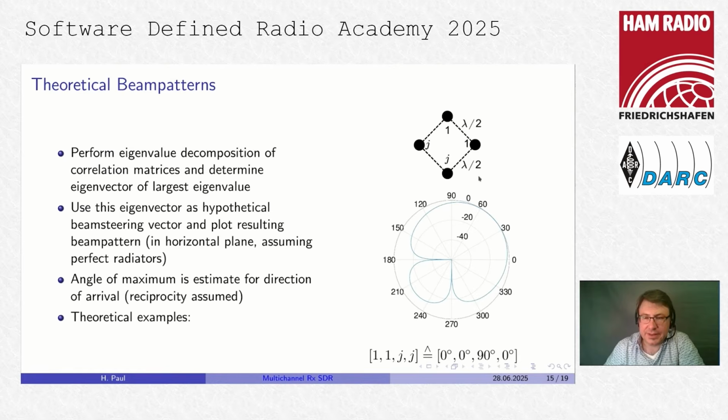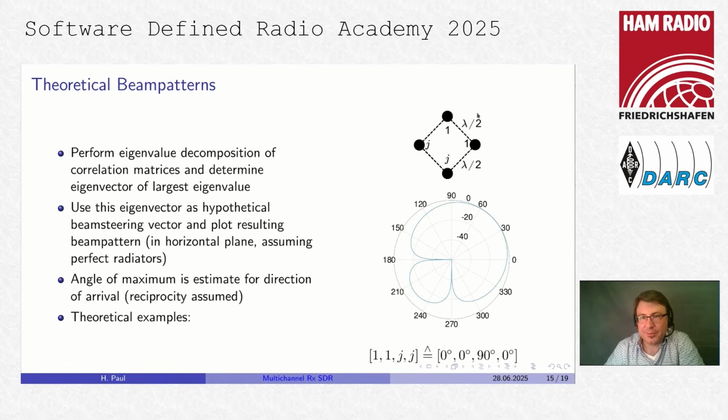And now the idea is, if there is reciprocity, means if the antenna behaves exactly the same for transmitting as well as receiving, then this implies that when a planar wavefront arrives here from 45 degrees, it will cause a phase shift in the received signals, which is exactly this here.